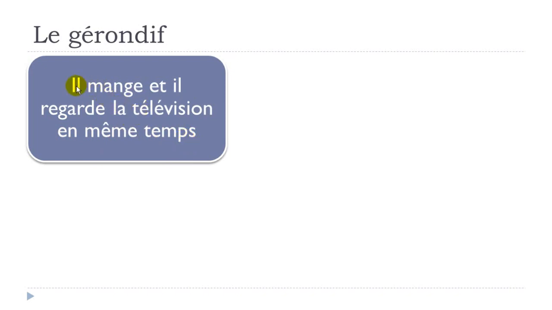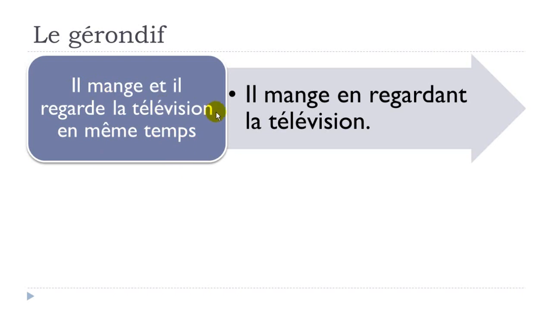So in that case, what we could do is keep the first part, of course, il mange, all right, and then instead of il regarde la télévision en même temps, this en même temps will go away, because at the same time we don't need to repeat it, because that's the whole concept of the gerundive.